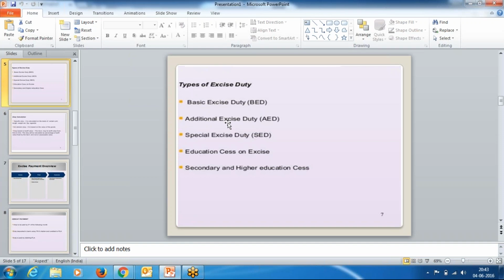Like if you are importing any steel, suppose you imported steel from China, there will be additional excise duty because, in order to protect the interest of Indian manufacturers, the government puts these kinds of duties. I don't know whether you have heard, there is one duty called anti-dumping duty. Suppose in India some product is available at the cost of 100 rupees per metric ton.